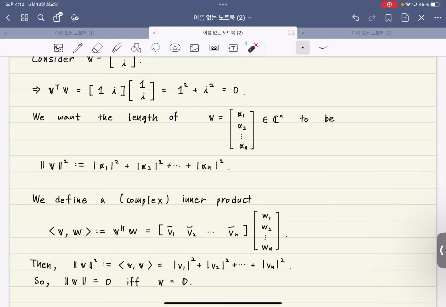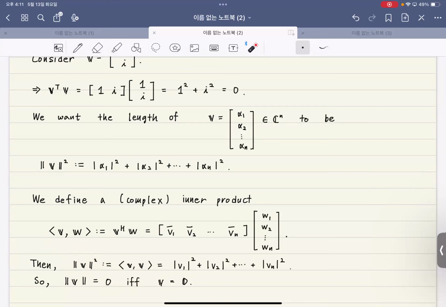From now on, for complex vectors, this is our inner product, and this is our length of the complex vector. In this case, the length of any complex vector equals 0 if and only if v is the 0 vector.